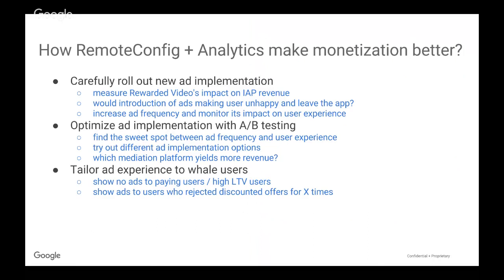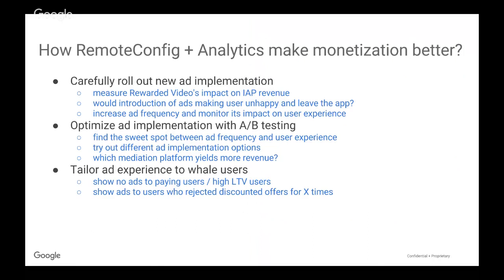Also, you can try out different ad implementation options. This can be different native ad implementation or native design. It can be a different rewarded video prompt. It can be different timing of interstitial pop-ups. Whatever you assume would work better for your app and your users. Maybe test different mediation platforms, for sure.